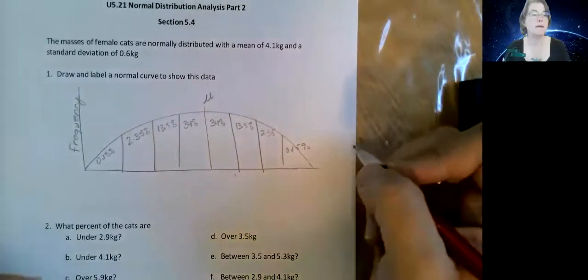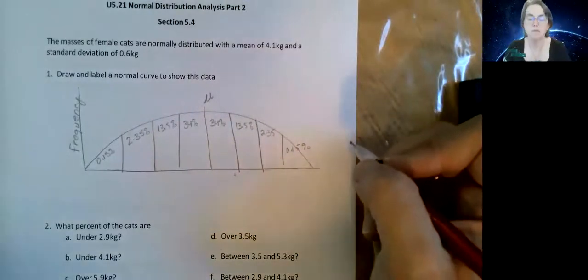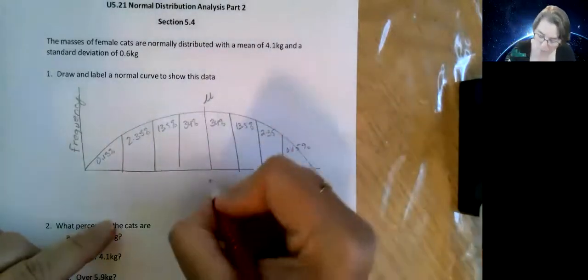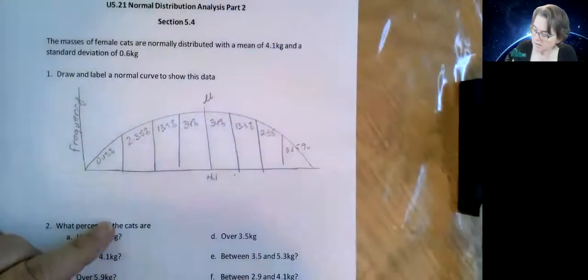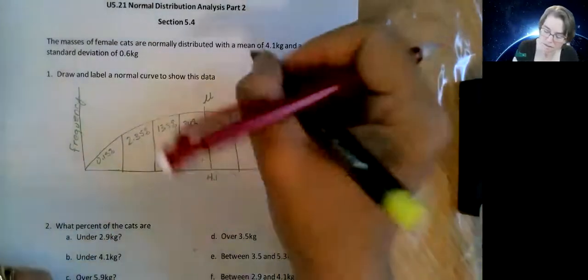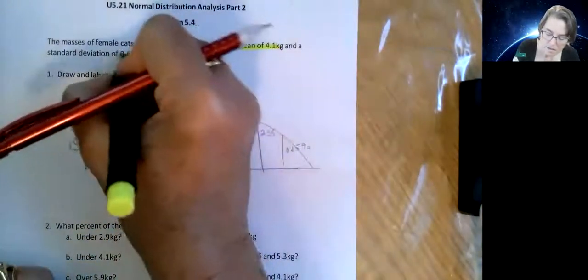All right, now let's put some numbers in there. The mean of 4.1 and a standard deviation of 0.6.